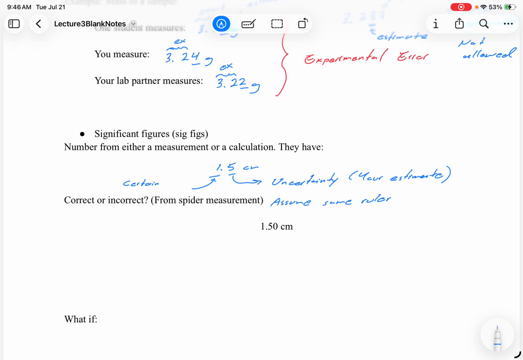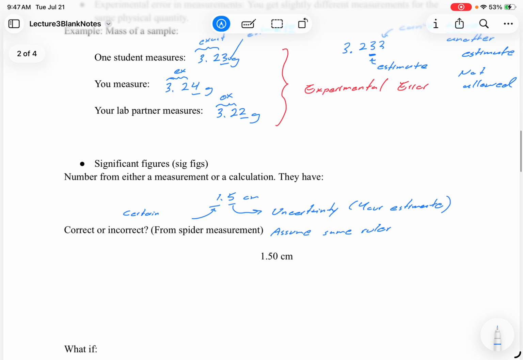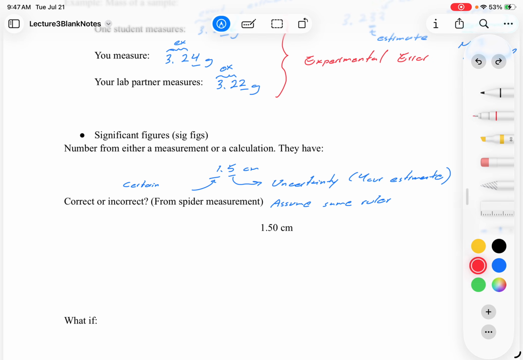We did go over this right here. Using common sense, we can say that that is actually incorrect, right? That is incorrect.